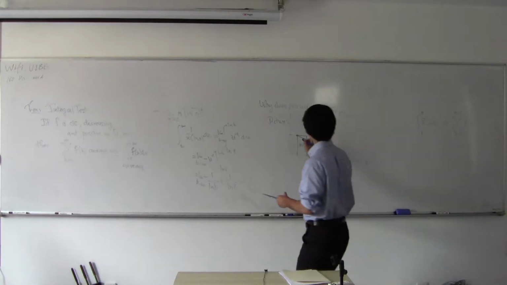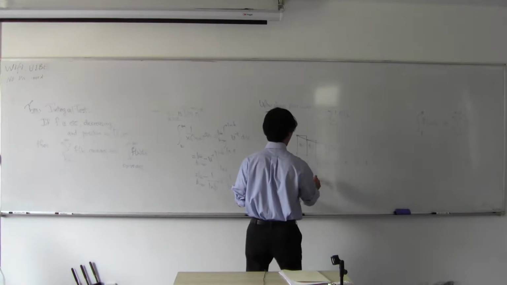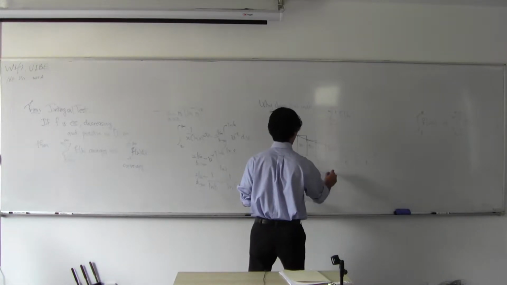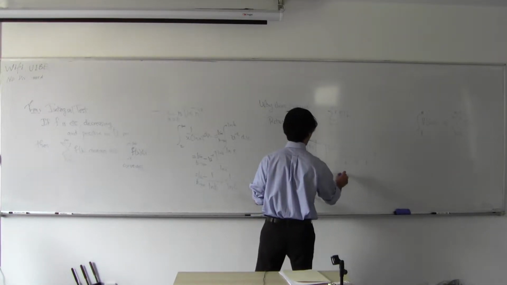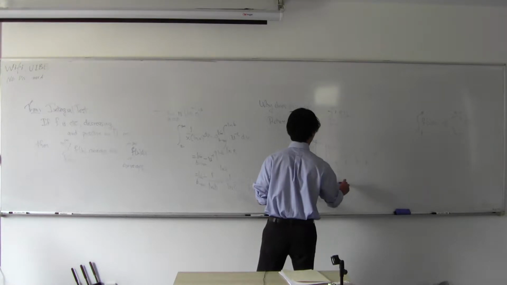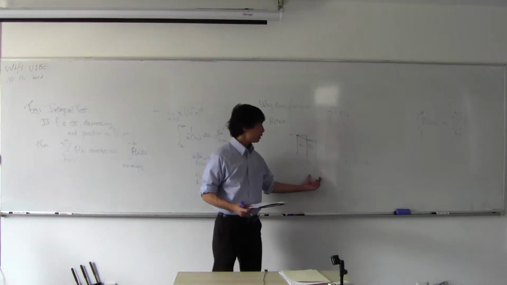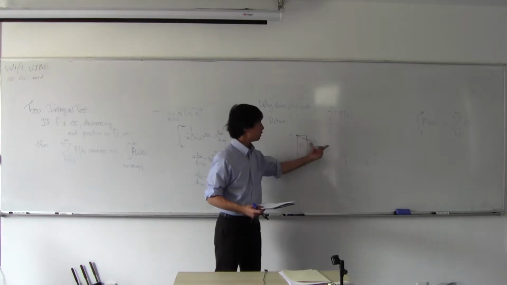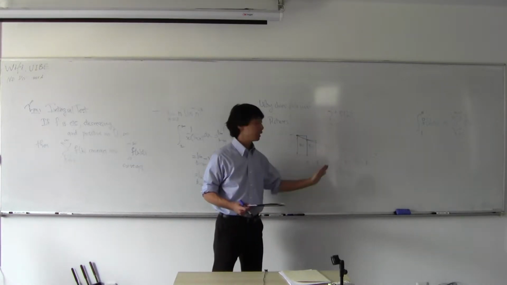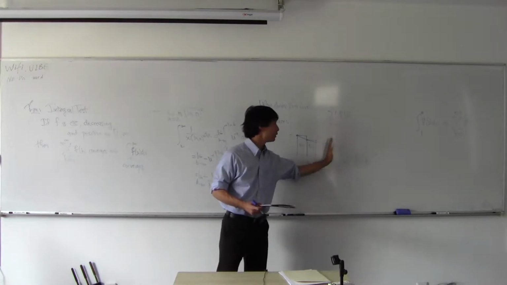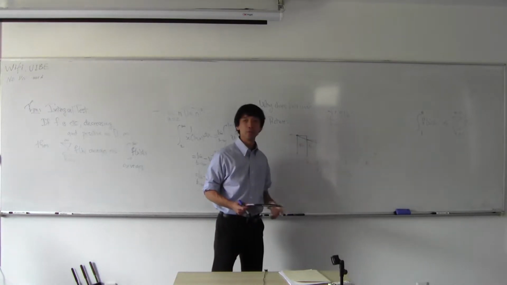Here, the integral from 1 to 5 is smaller than the sum of f of k from k equals 1 to 4. You see that the integral is smaller than the sum of the blocks. The integral up to this point, 5, is smaller than the sum of these first 4 blocks.